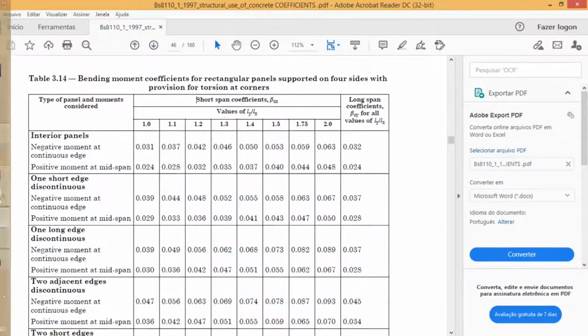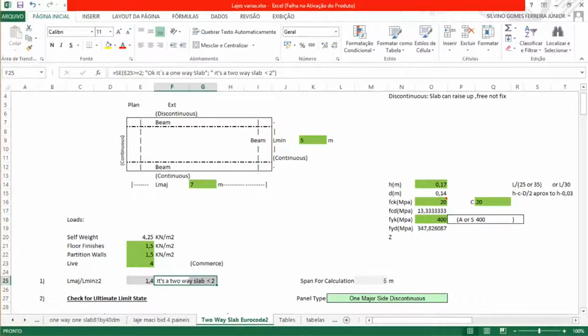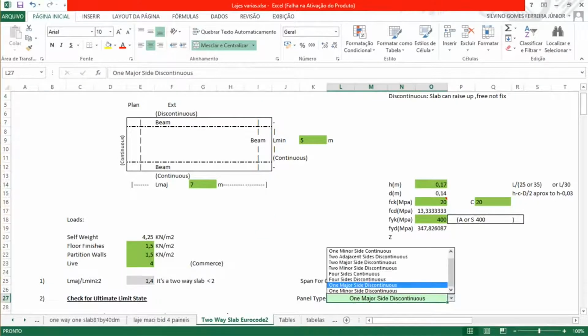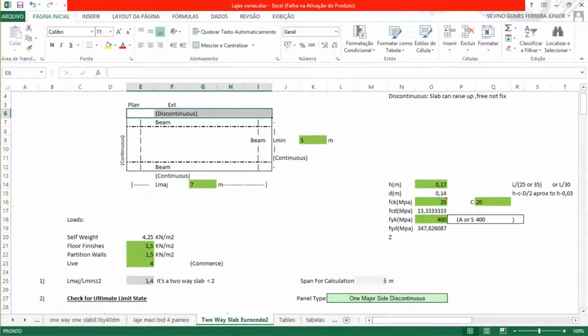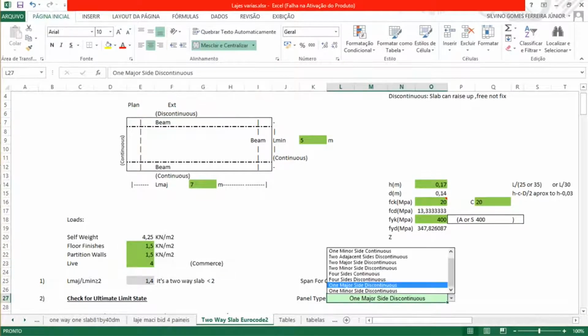So returning here, since we have all these types, we have these options. Let's see, one major side continuous, that is in the British Standard table. One major side continuous. No, what we have is one major side discontinuous. The next one, two adjacent sides discontinuous.